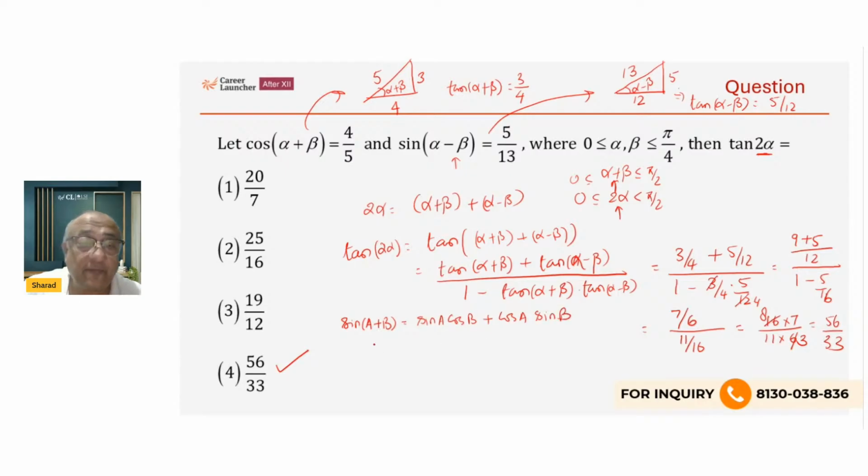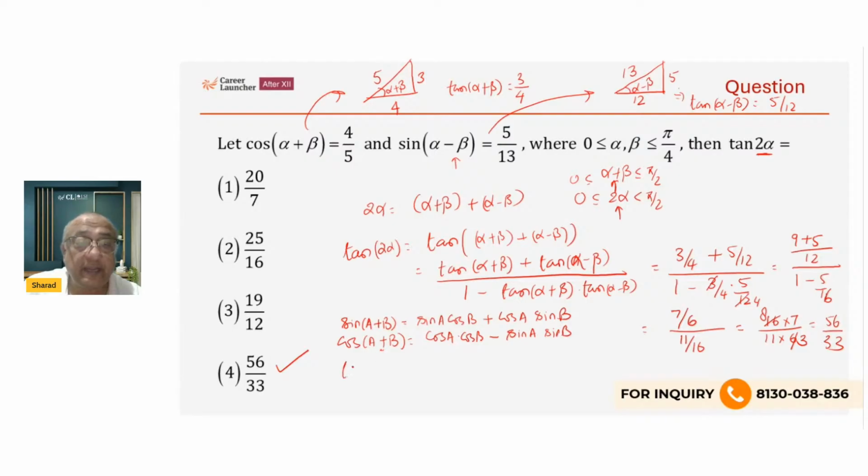And there is another formula. Who's that? Cos A plus B. Cos A plus B is cos A cos B, and here is the surprise, minus sine A sine B. Please remember in cos, if angles are getting added, then the right hand side has a negative sign.